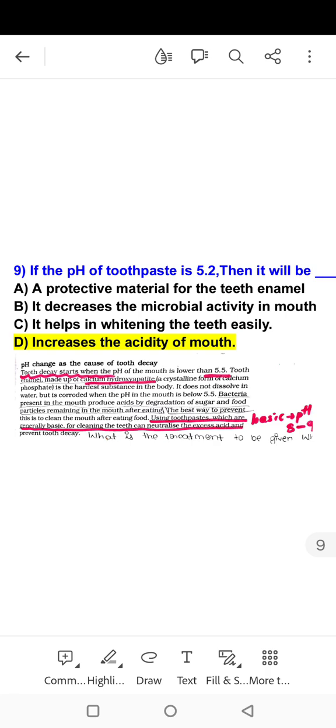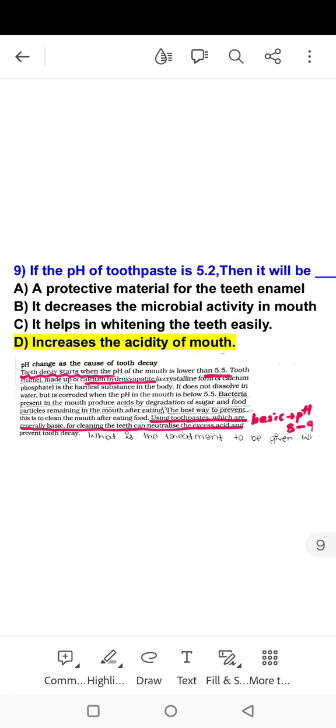It helps in whitening the teeth easily. No, when there is more microbial activity, when the enamel is getting corroded by the acidity of the toothpaste, the teeth will not become whitened, they will become more and more yellowish. Then statement D is that it increases the acidity of the mouth. This statement appears to be correct. It is the direct statement.